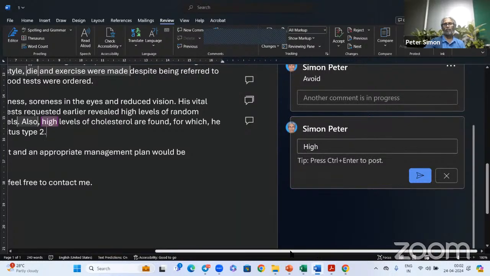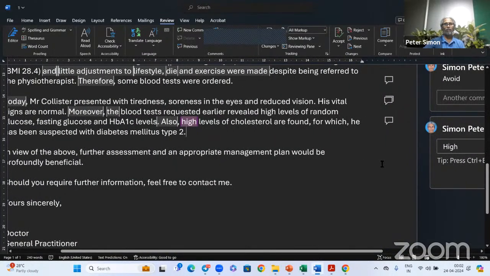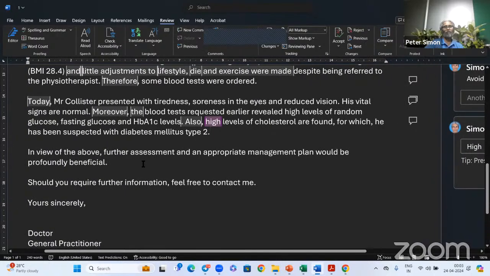For which he has been suspected of having diabetes mellitus type 2.